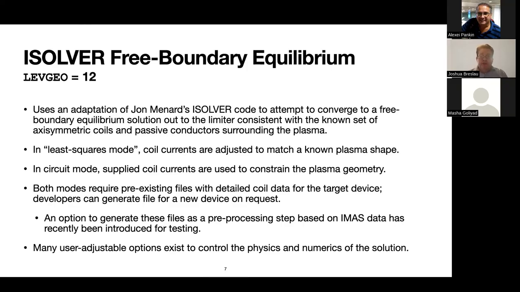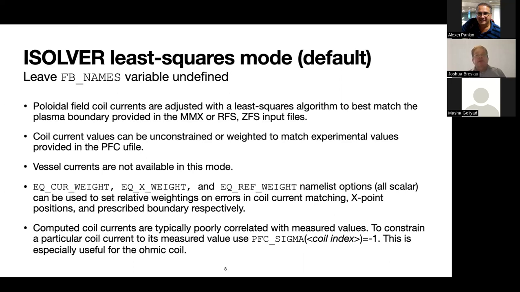And there are a lot of user adjustable options for using iSolver in TRANSP. So I'll get into those next. In the least squares mode, which is the default, you select it by leaving the FB_names variable undefined.